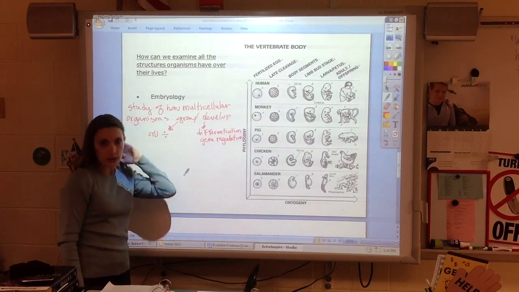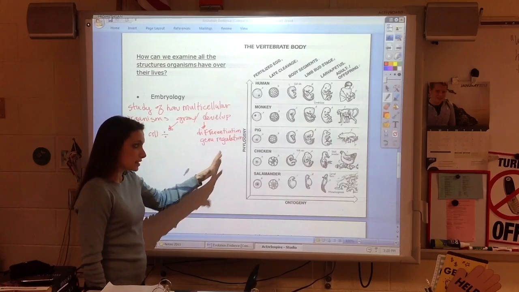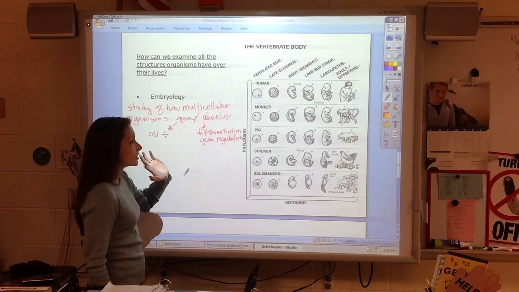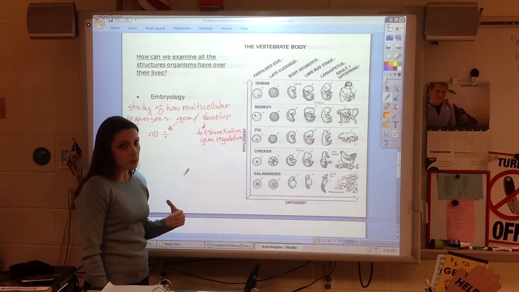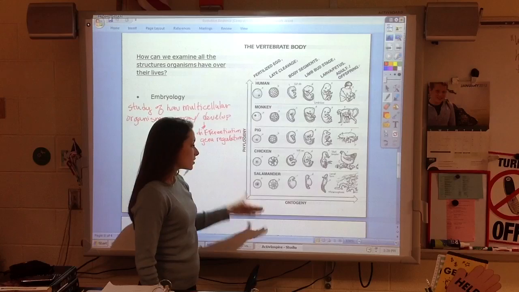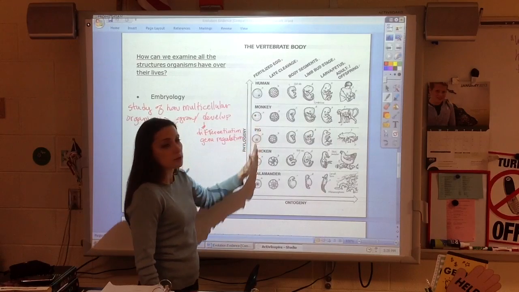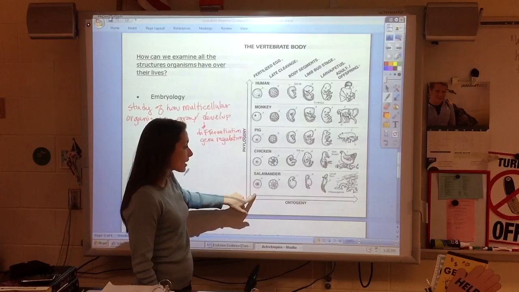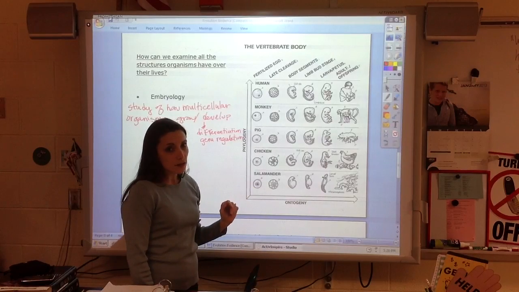And so it turns out that the more and more data we collected on, especially animals, the more we started to see both similarities and dramatic differences that arose even very early on. So any sexually reproducing organism is going to start as a fertilized egg, and it's then going to start dividing.